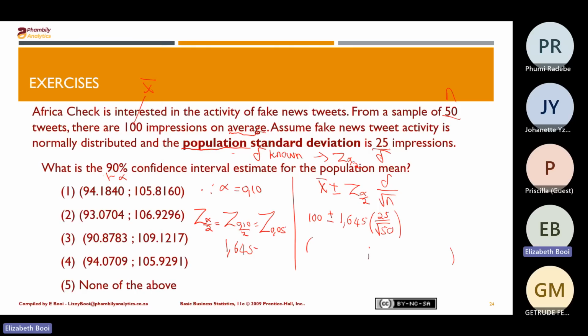So I get 100 minus the margin of error on this side, which is 5.8159 and some numbers. You must let me know if you also get the same.